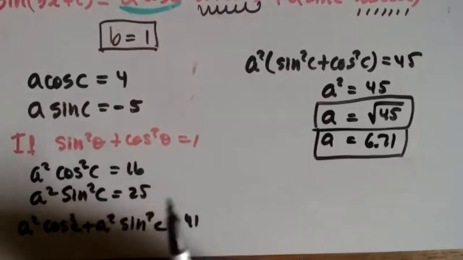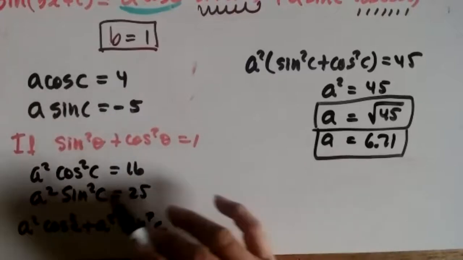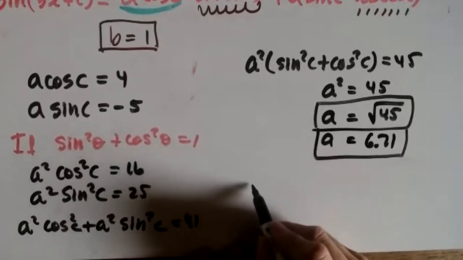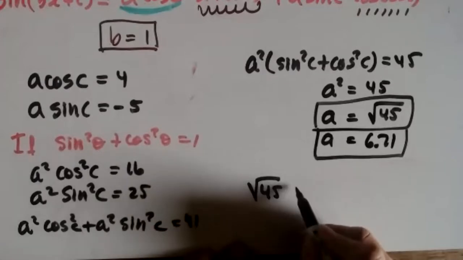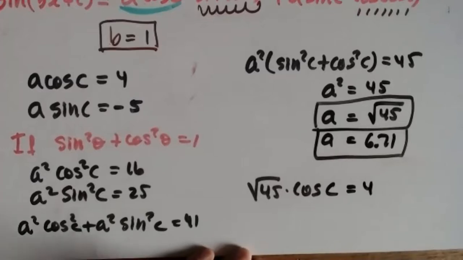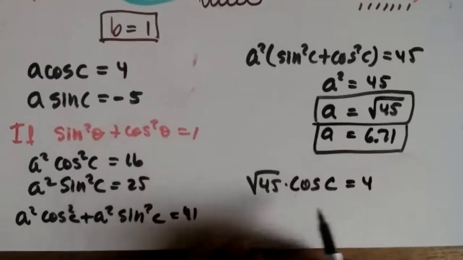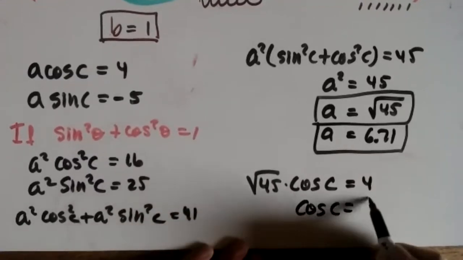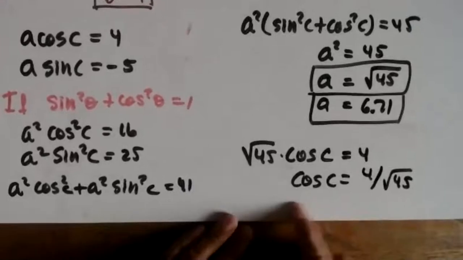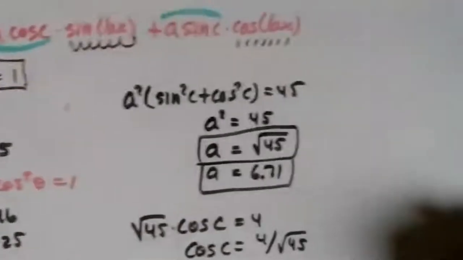So okay, let me just try to find right here, this one, right? Since both are valid, I can use any. So what I'm going to do simply is take the square root of 41 times cosine c equals 4, right? And right here, cosine c equals 4 over the square root of 41. I'm going to solve this equation, so I'm going to move to the right.